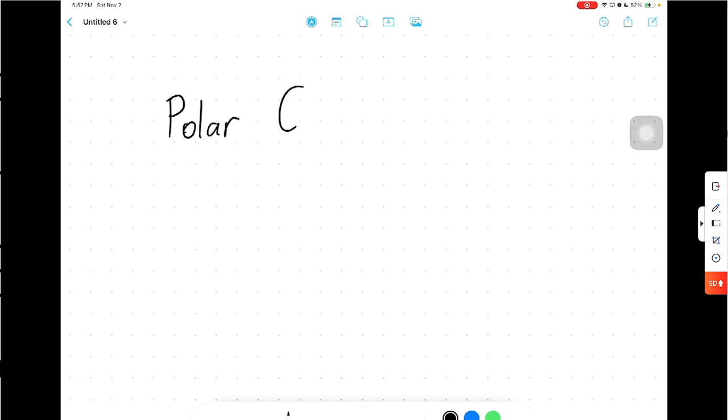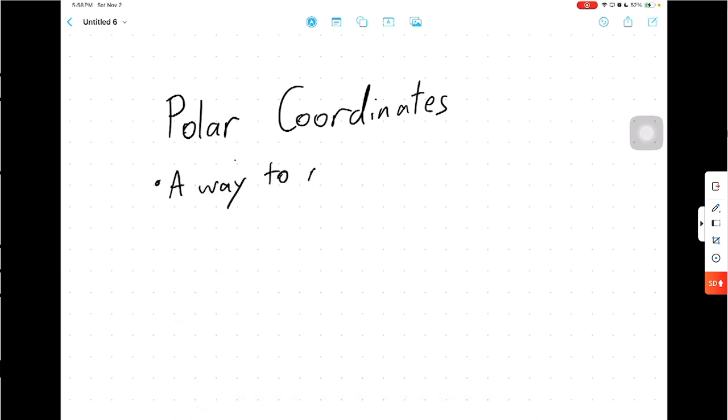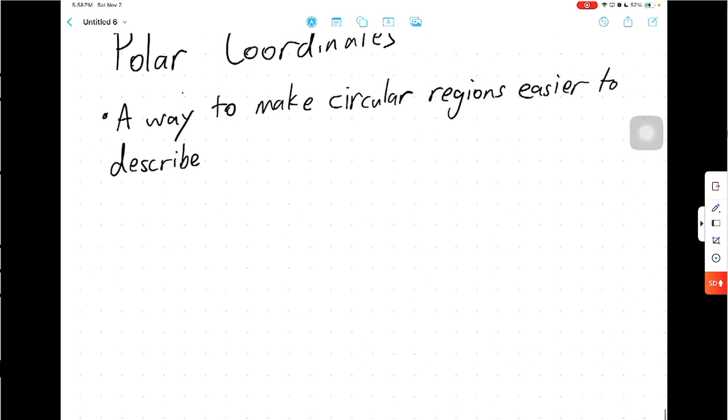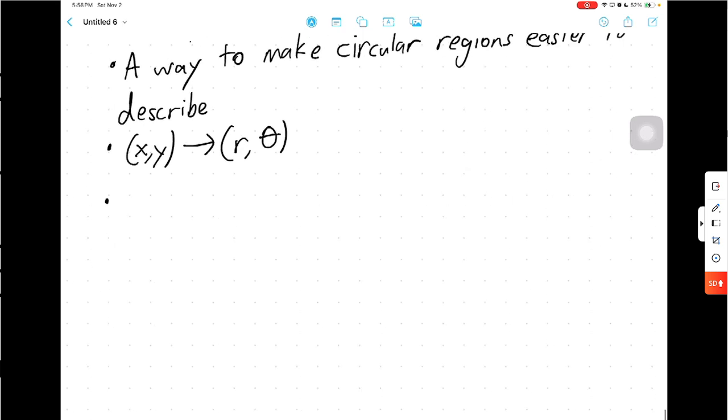So, polar coordinates. These are a way to make circular regions easier to describe. Here, instead of a coordinate of x, y, we'll have r and theta that describe our coordinates.